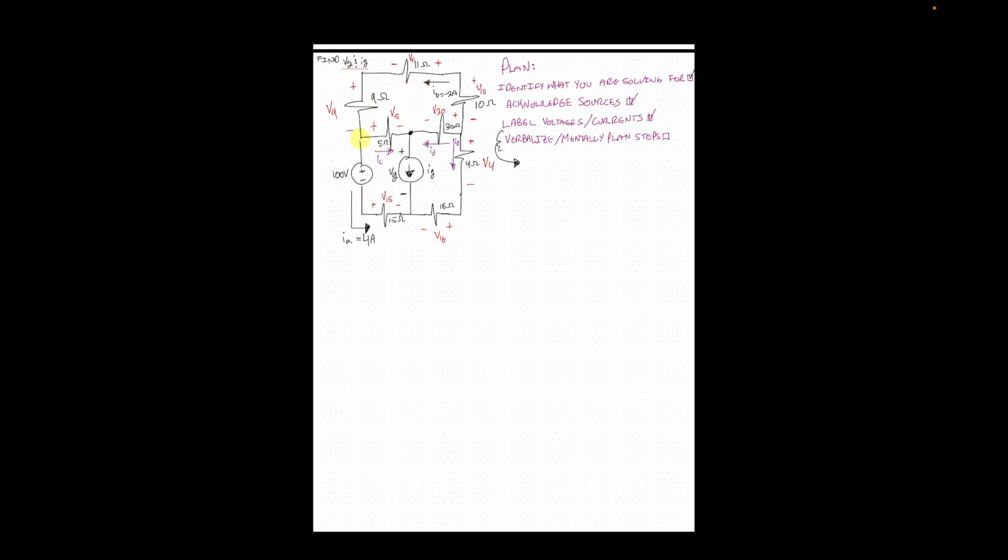I can go ahead and find a solid value for IC. So I'm going to call this find IC by KCL at, and let's go ahead and call this node A, at node A. All right.